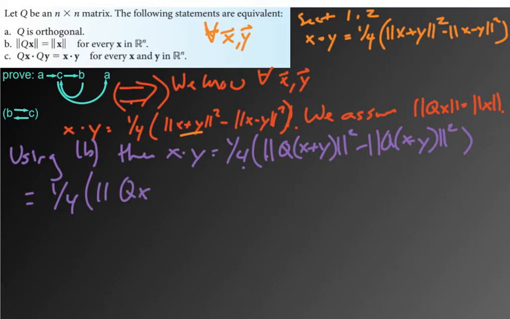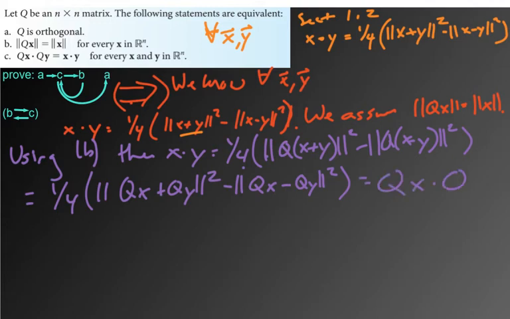I could say Qx plus Qy minus magnitude Qx minus Qy. And now I'm actually going to just write the answer, and I'll explain why. So this thing up here works for all vectors x and y.